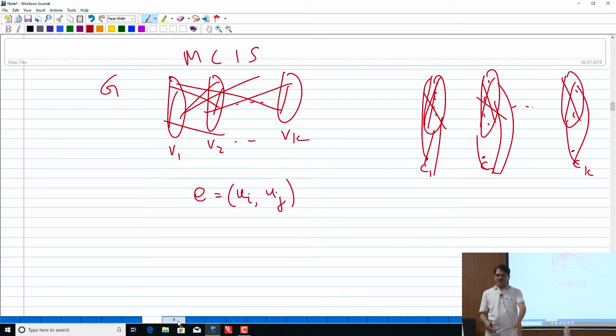I ignore the edges within the same color class, that's not going to play any role for me. Look at these kind of edges. An edge which has one endpoint in color class i, other endpoint in color class j. I am going to create a vertex for every edge here. Now it's a vertex. There is a vertex for every edge here. And what is its adjacency?